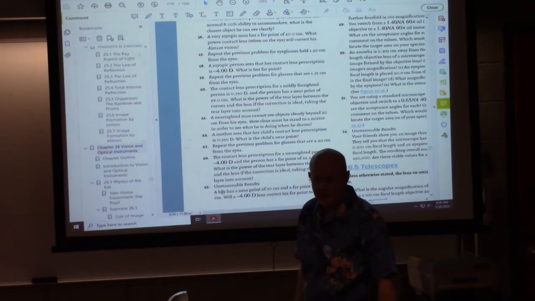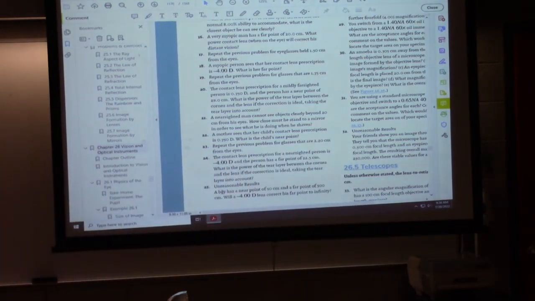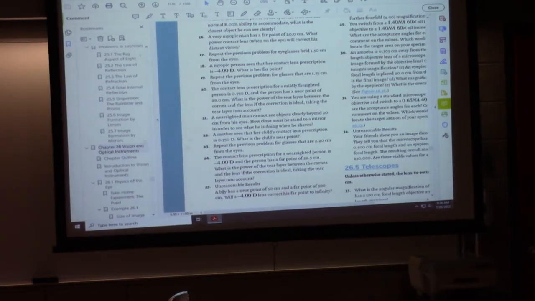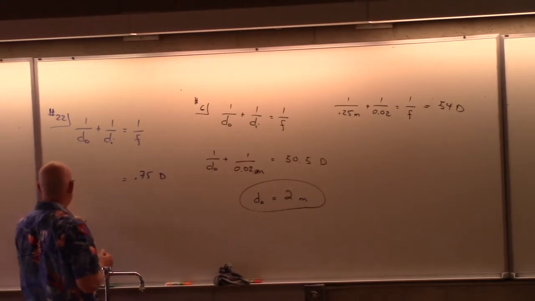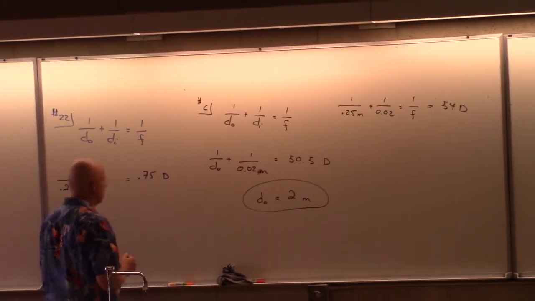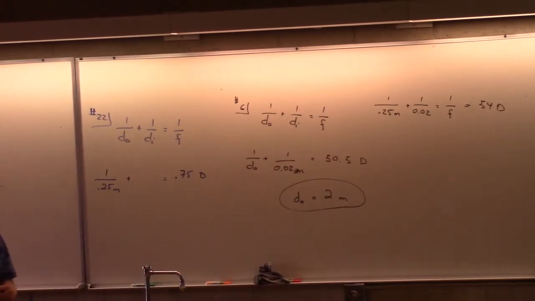Okay? All right, so what I'm trying to say here is from the corrective lens, we want to take an object that is close to the person. You know, again, maybe they're reading a book.